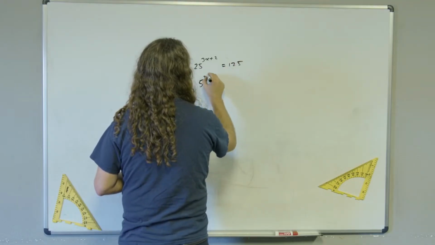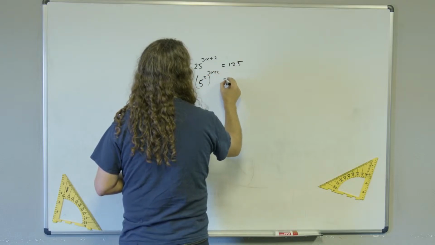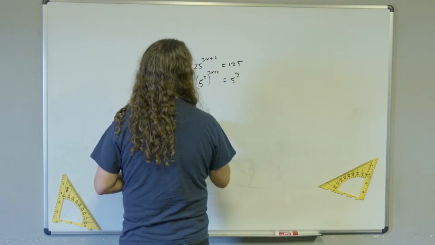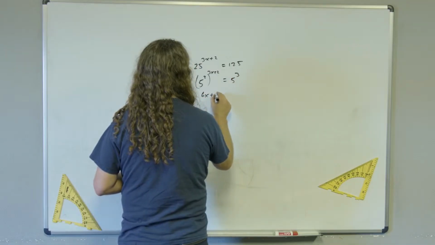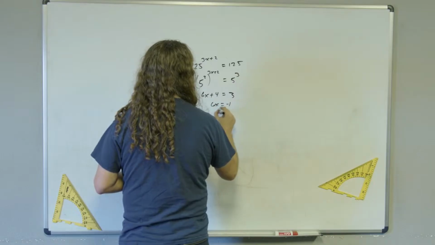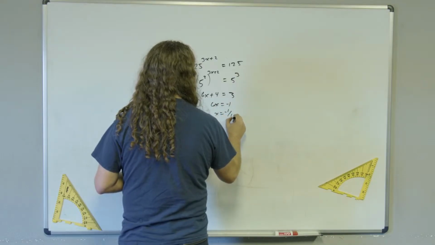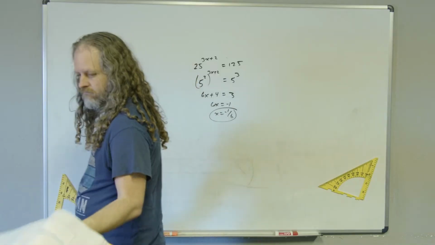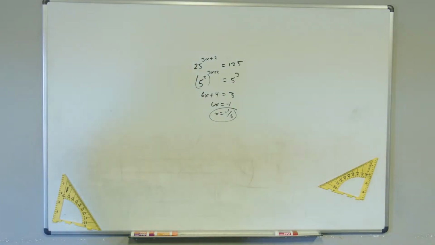Then you just kill the bottoms and you get 3x plus 2 equals. It's just 5 squared. Look, you get 5 squared on the left side and 5 cubed on the right side. And then because we have the same base, we can kill everything. That's what you'd do. 6x plus 4. See? Okay. 5 squared on the left, 5 cubed on the right. Yeah, that's what I'm getting. That makes sense. Good.